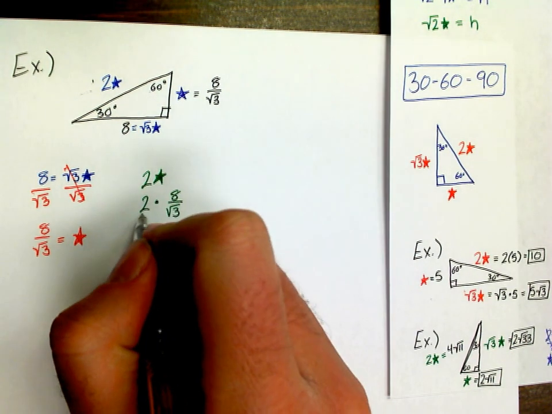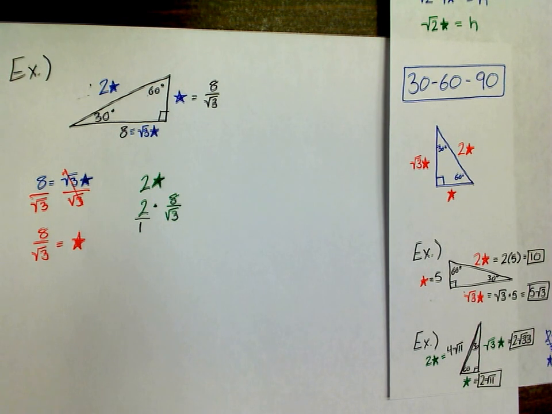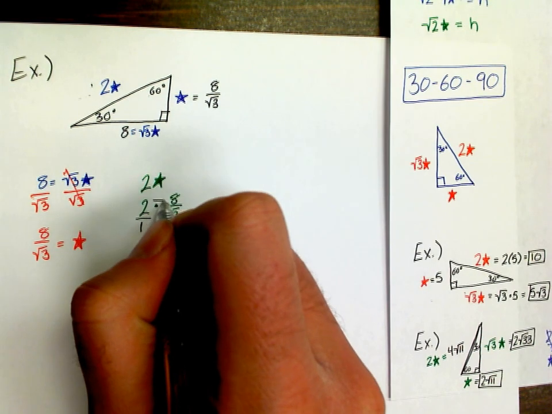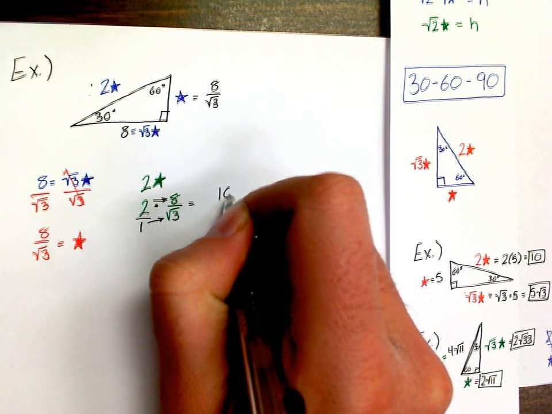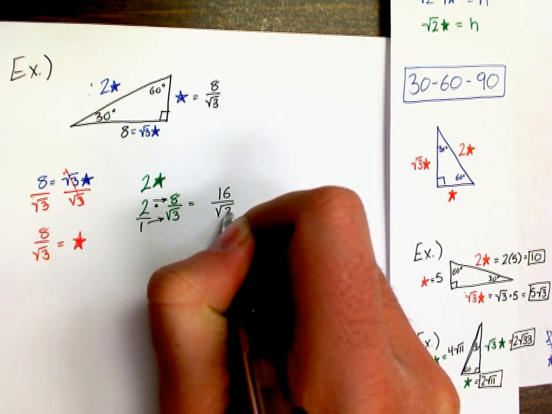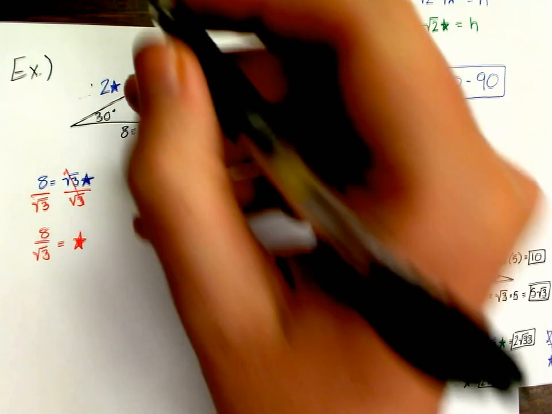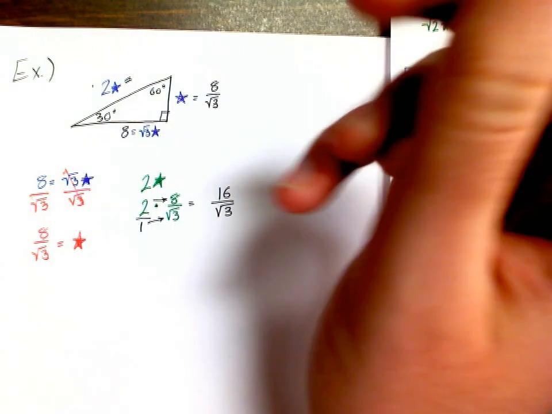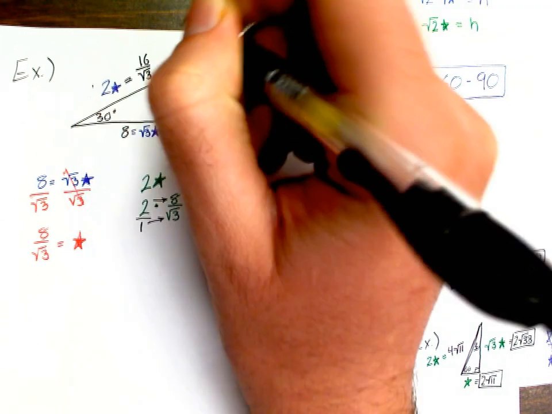Can always do that. And then I'm going to multiply straight across. So I get 16 over the square root of 3. And we're just going to leave it that way. Okay? Bugs me a little bit, but it's not worth the fight right now. So 16 over the square root of 3. Bam. There's one answer. 2 answers.